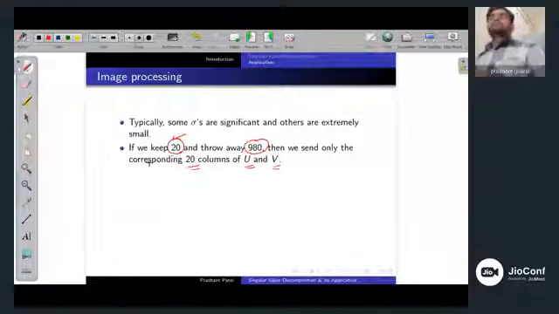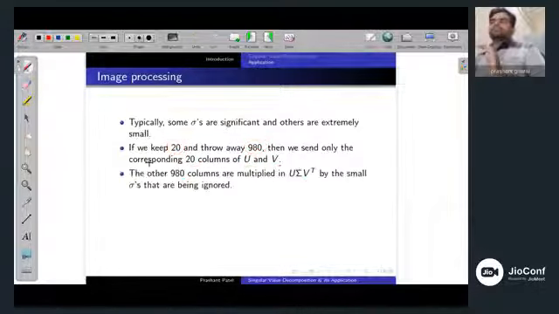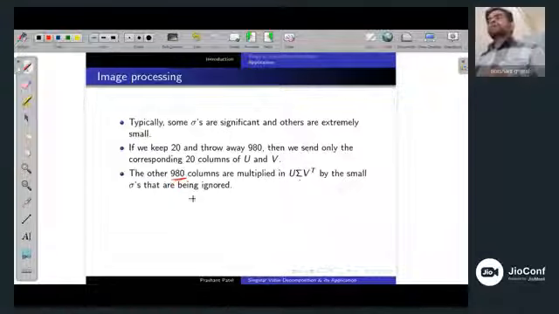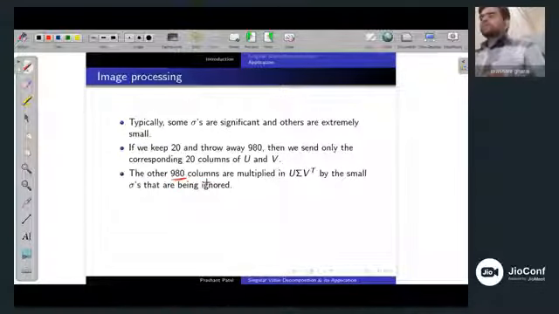That will reduce the image size, and more pictures can be sent in limited time. The other 980 columns are multiplied by a small sigma, so we can ignore them.